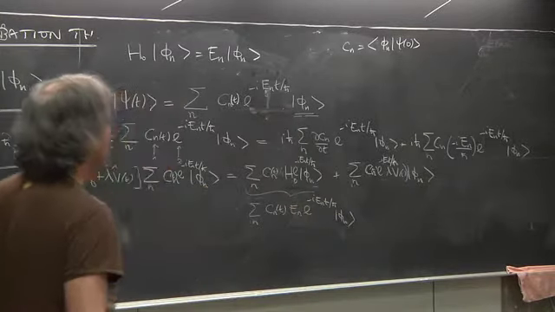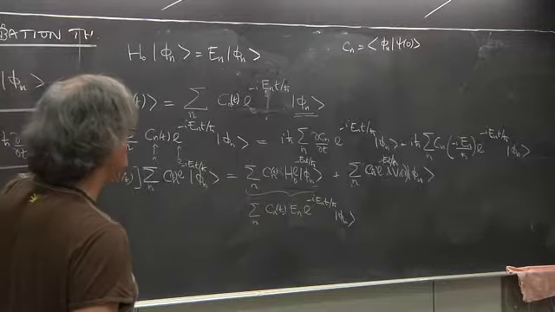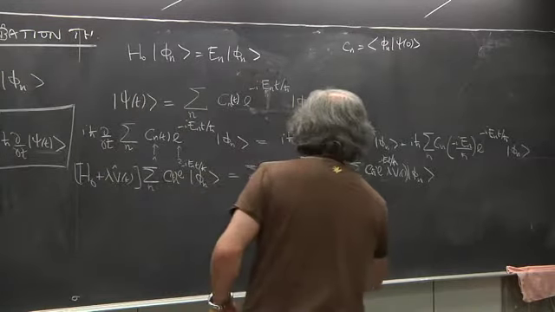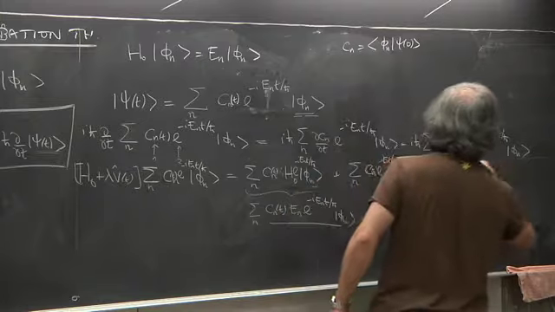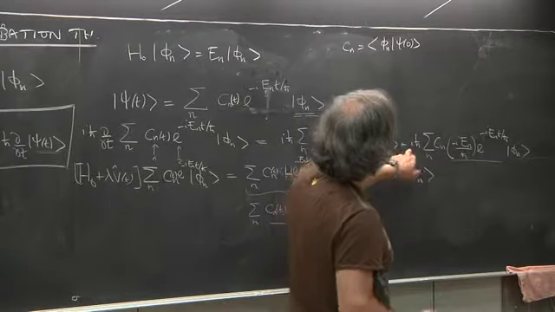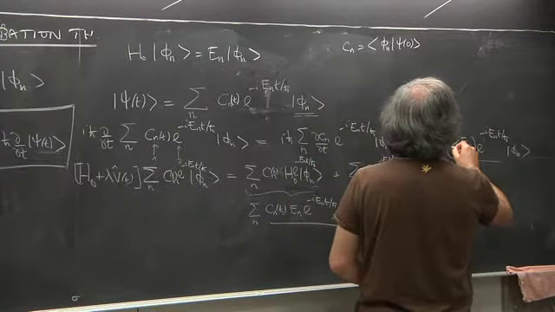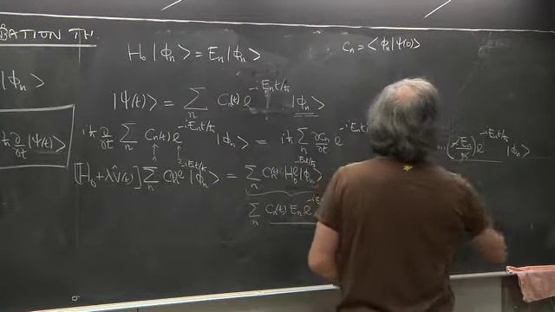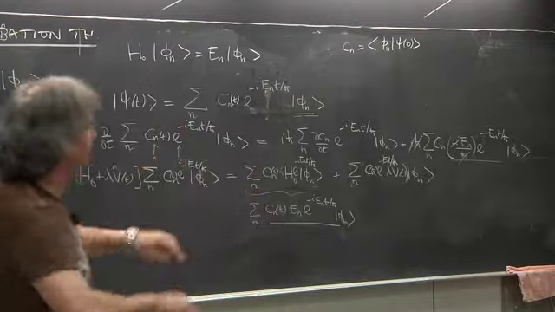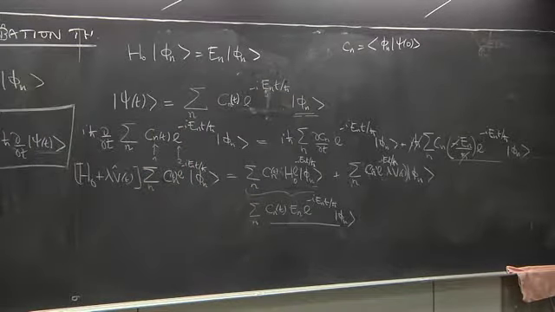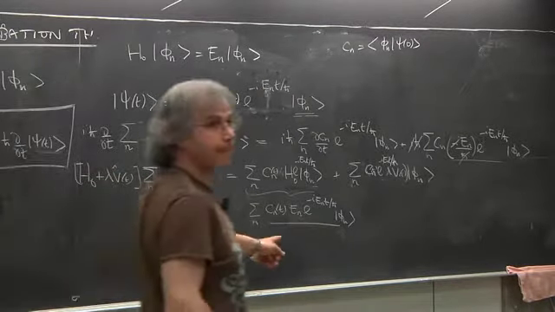Okay? And if you notice, check this term against this. You see, i and minus i gives me a plus. So this is really a plus 1. And h bar goes away with the other h bar. So this is exactly the same thing.